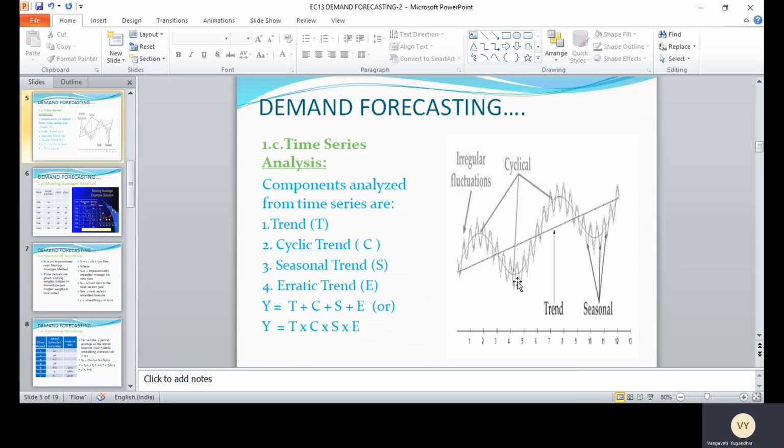Next one is time series analysis. In this time series, we come across four components.